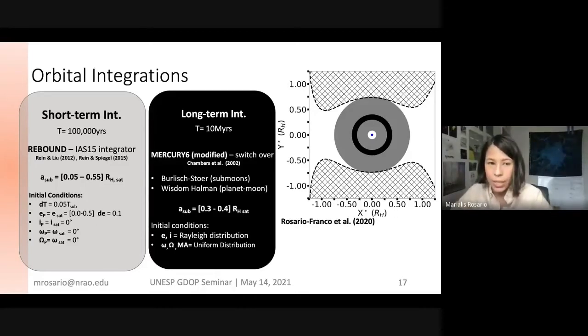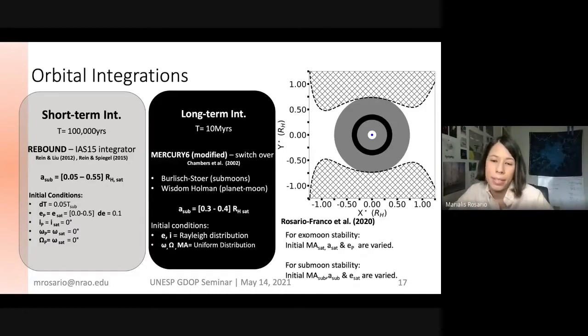Essentially, in our first short-term simulation, we didn't vary many parameters. However, in the long-term simulation, we did vary several parameters. More specifically, the eccentricity and the inclination were taken at random with a Rayleigh distribution, and the rest of the parameters were taken from a uniform distribution.